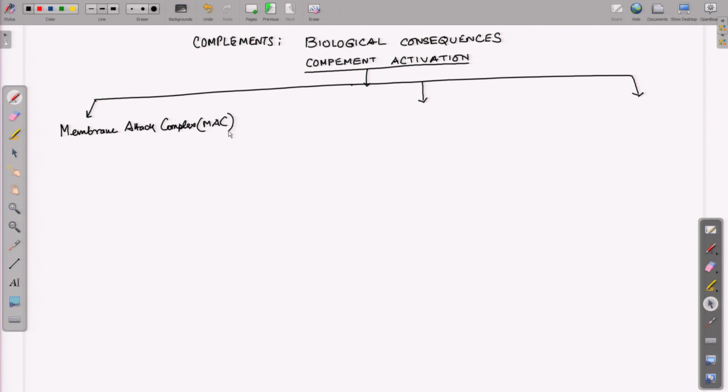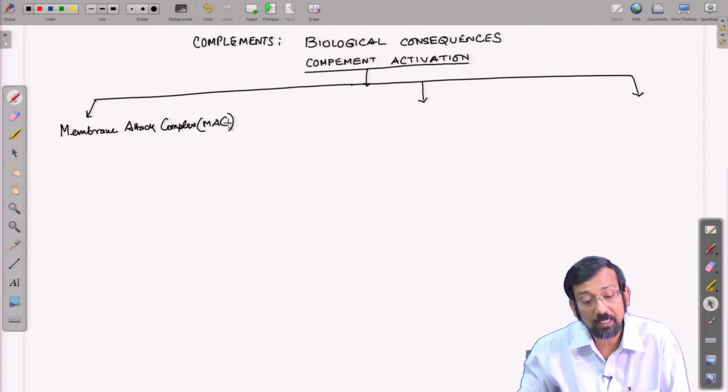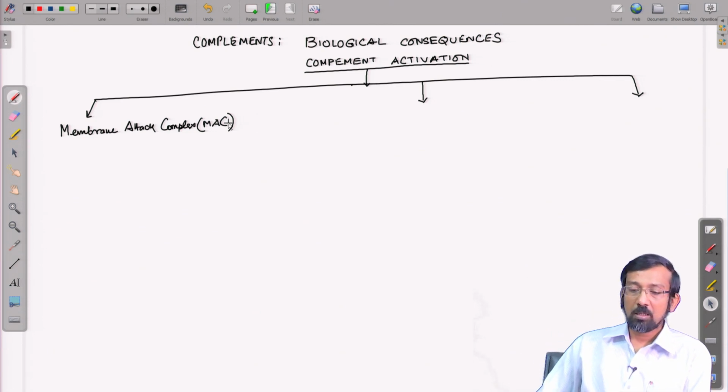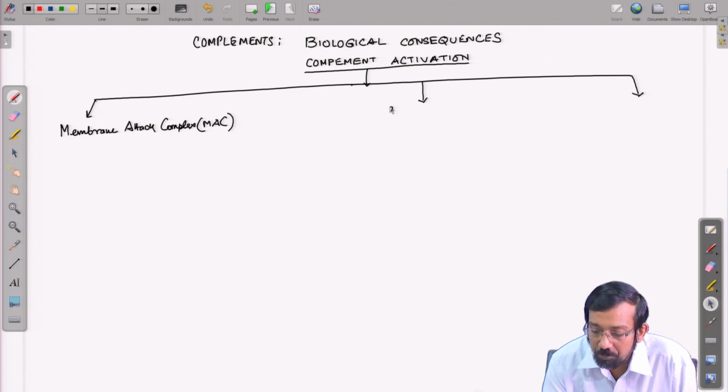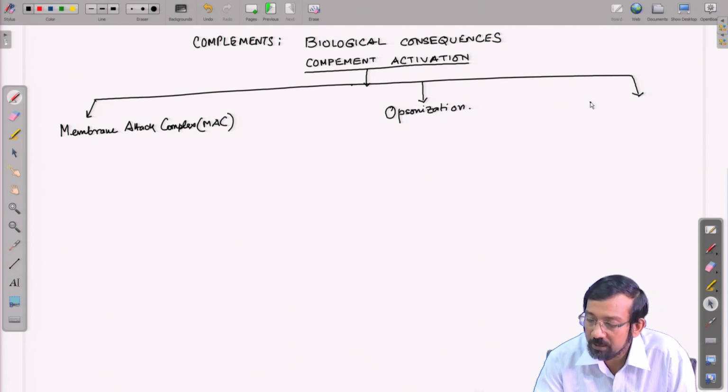How is this MAC formed and what does it do? We have to understand what this MAC actually is and what it does to the target cell. A second thing is opsonization. And a third thing is enhanced inflammation.